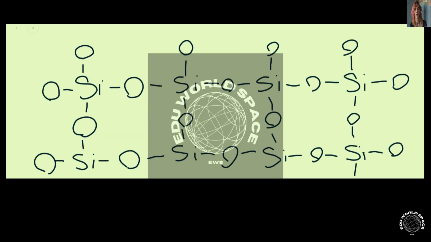And the answer is that these tetrahedral silicon dioxides actually occur in a lattice. So you have this lattice structure of tetrahedral silicon atoms, each bonded to 4 different oxygen atoms, but those oxygen atoms are shared between another silicon dioxide molecule.